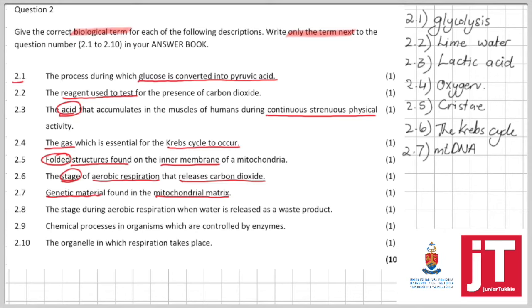All right, question 2.8. Stage during aerobic respiration when water is released as a waste product. Again, we're referring to a stage during aerobic respiration, so we're looking for one of those three: glycolysis, Krebs cycle, or oxidative phosphorylation.